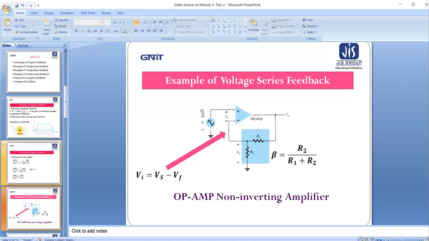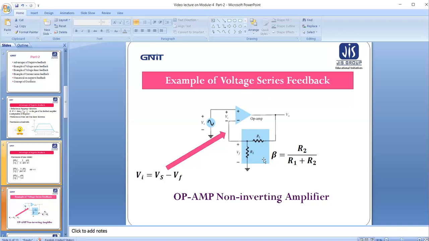But if we see according to the negative feedback mechanism, Vs is the external signal applied at the plus input, and this is the actual input for the op-amp, Vi. The feedback circuit is connected to the negative terminal.